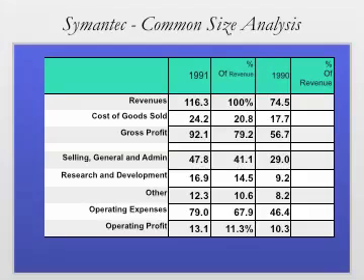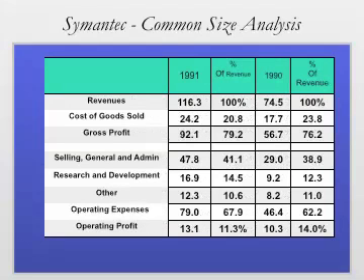Now, a bigger question: not only is it telling us what is leading to our operating profit as a percentage of sales in 1991, but now that we convert 91 to percentages by common size analysis, we can do the same thing to 1990, so we can then compare the percentages. When we look at 1990, you can see that gross profit increased rather nicely from 76.2% up to 79.2% in 91.